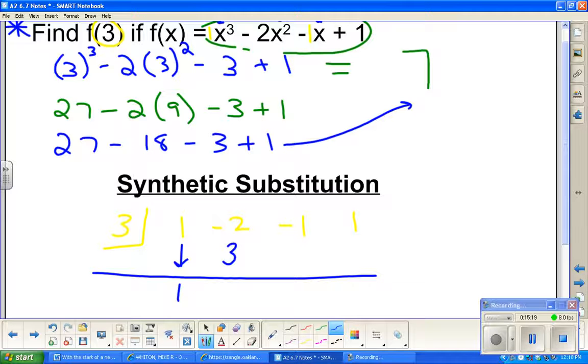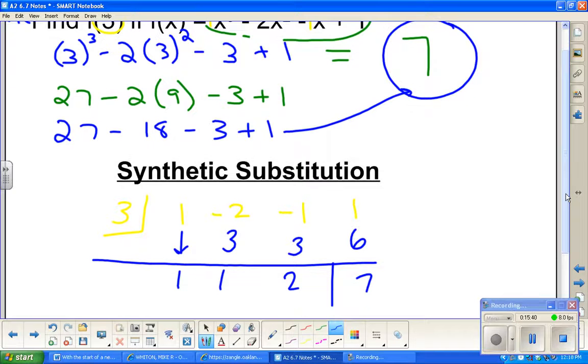Negative 2 plus 3 is 1. 1 times 3 is 3. Negative 1 plus 3 is 2. 2 times 3 is 6, and 1 plus 6 gets us, magically, the same number we got before. The remainder will be the answer.